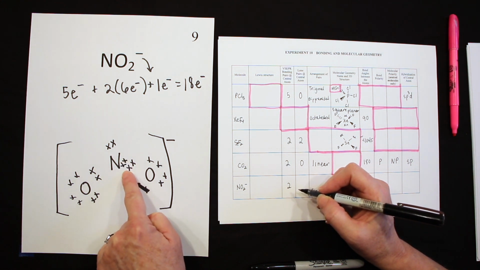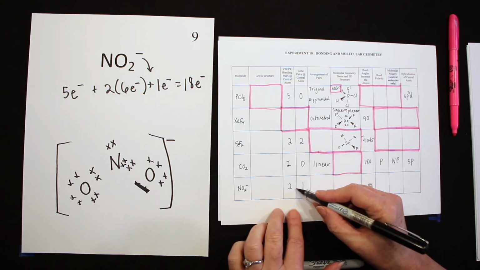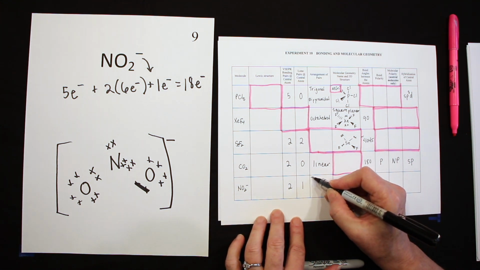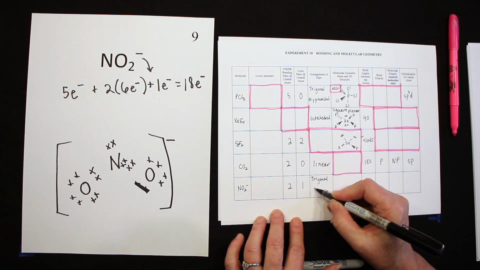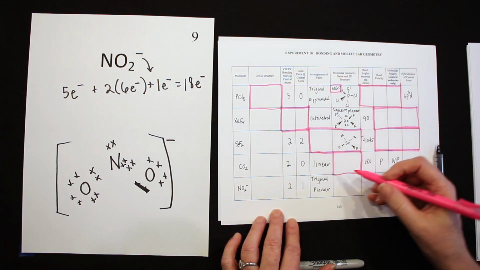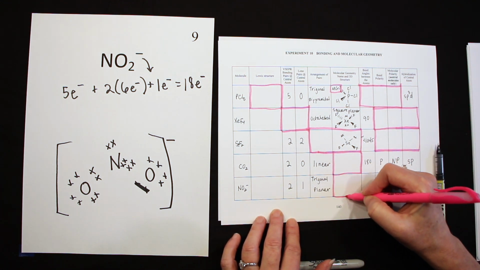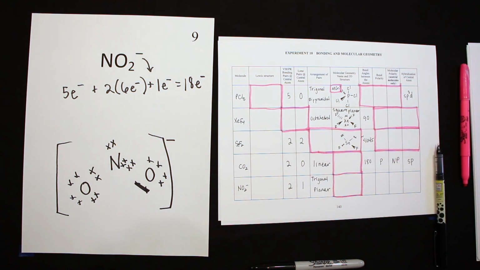It's counted as one bond and one lone pair. Any combination adding up to 3 is trigonal planar. I want you to determine the molecular geometry and the 3D structure.